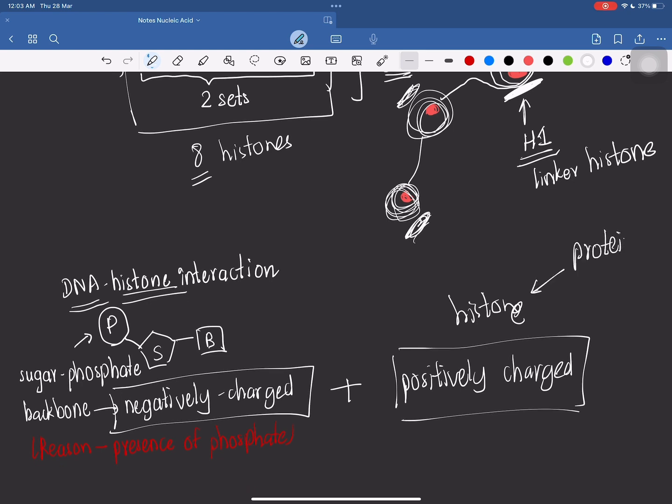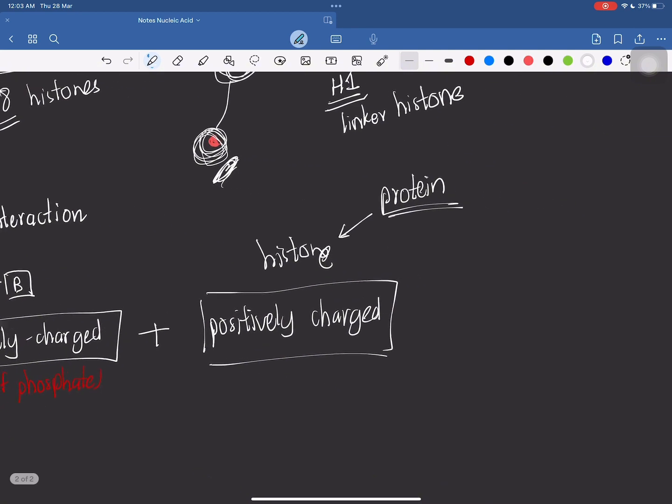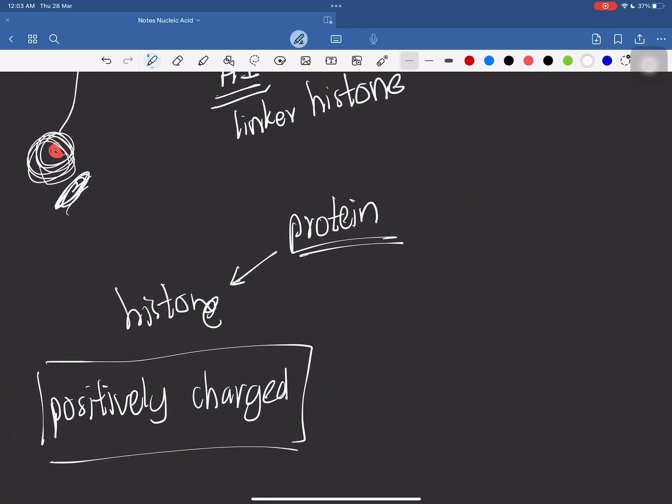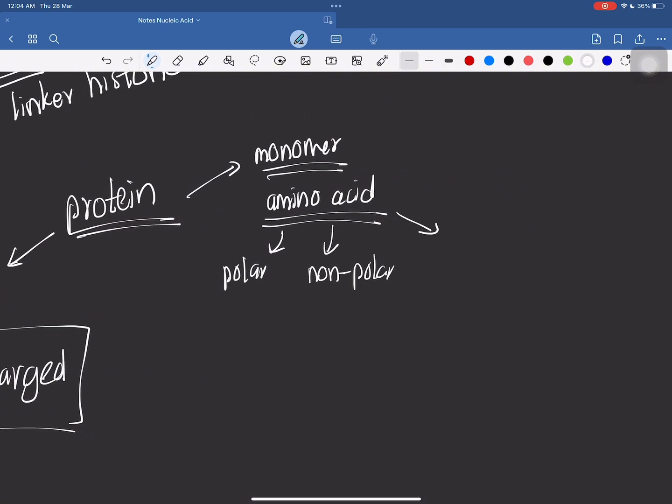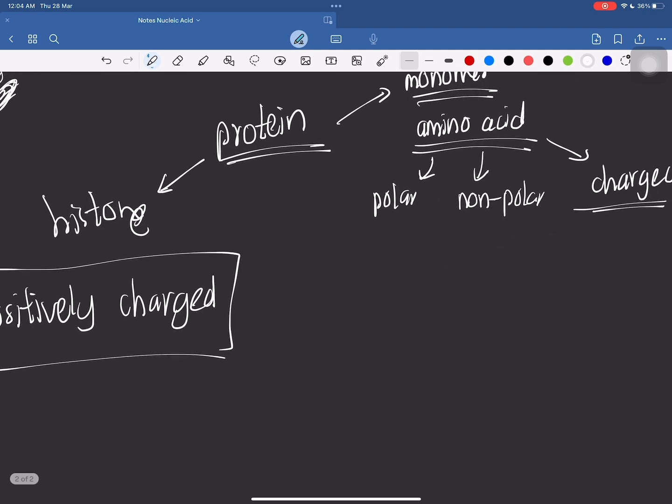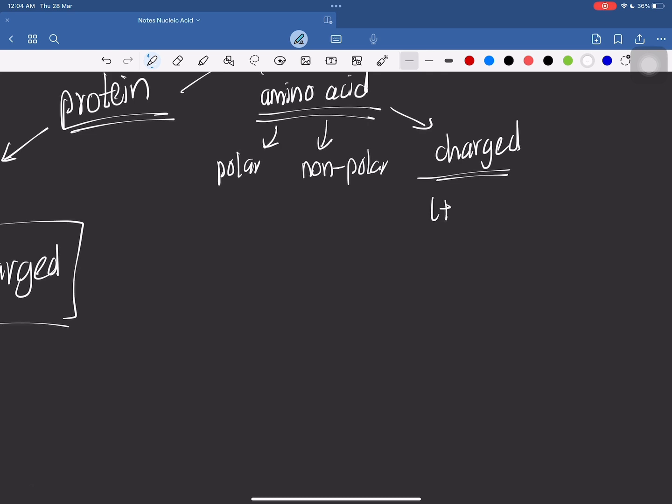Some of you guys may know that the monomer of protein is amino acid. This one I haven't gone through. For amino acids, they can be polar, nonpolar, or charged. So here we want the positive charge. So which part of the histone is positively charged?